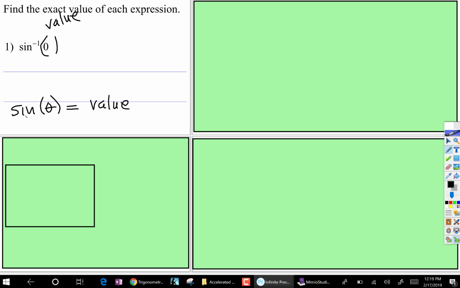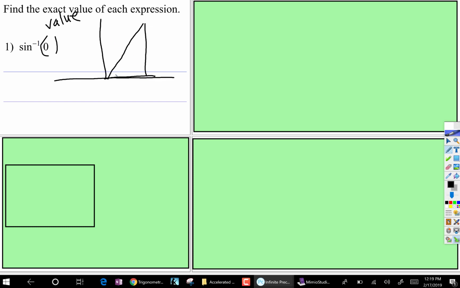So you just type in your calculator sine whatever the theta is. So let's say if we said sine of 30 degrees, you would get 0.5 or 1/2. Or you could look on your unit circle. If they give you the value, they're saying that the sine of this theta is 0.